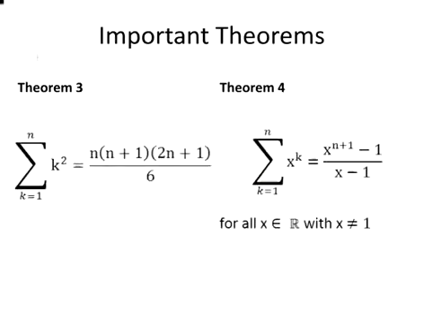Two more complex theorems this time: the summation of k squared, where k increments from 1 to n, and x to the power of k, again when k increments from 1 to n. There's a special condition attached to theorem 4 that x cannot equal 1. It doesn't work in that case.